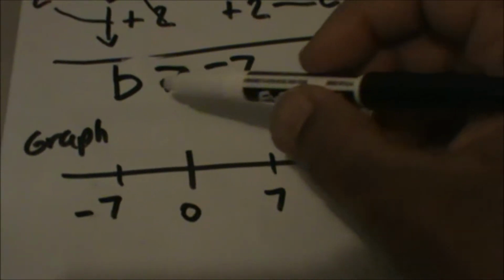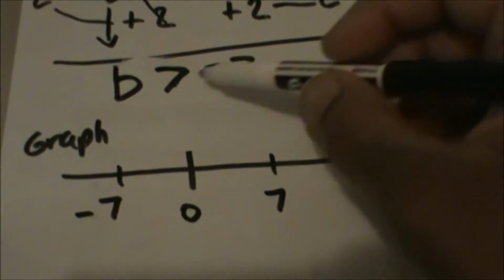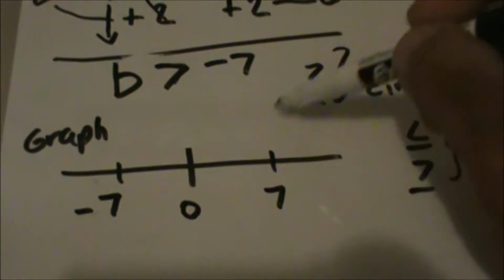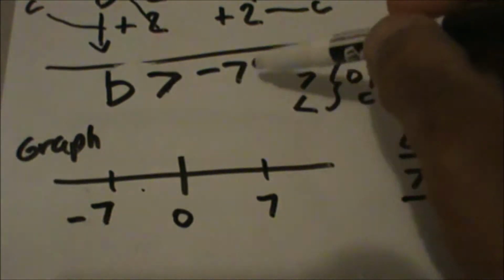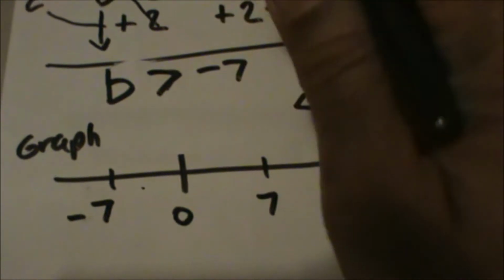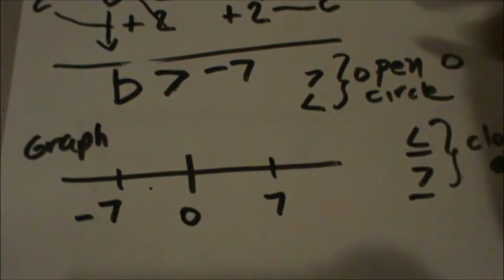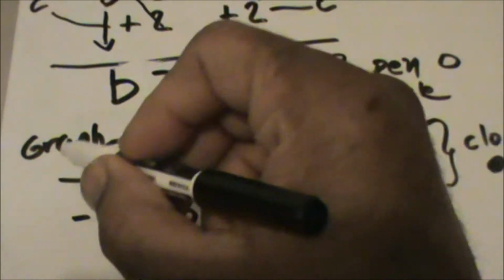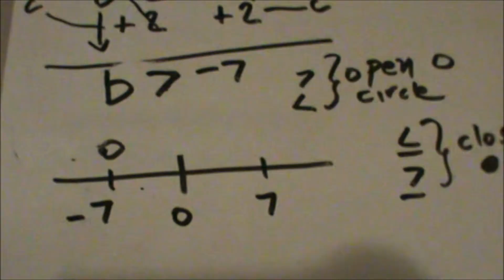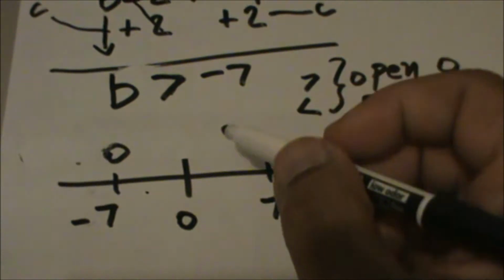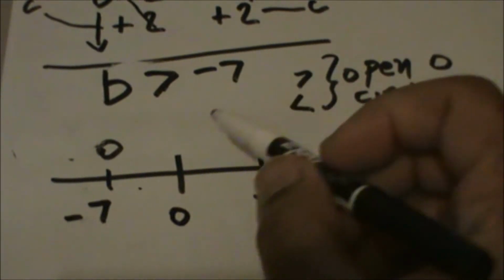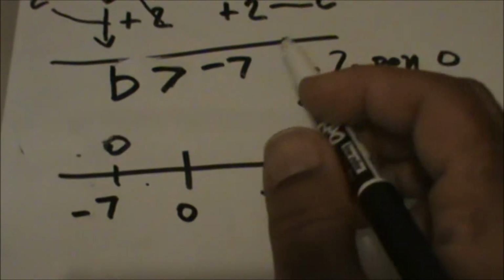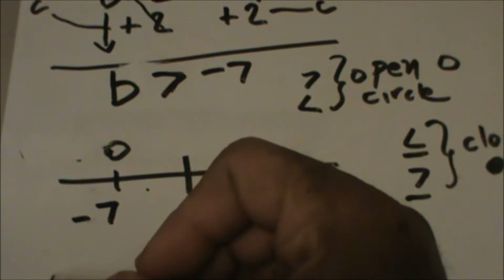Now let's look at this. B is greater than negative 7. B represents any number on the number line that is greater than negative 7. You want to draw a graph in the direction where those numbers are true. So let's graph it with the open circle, and then we'll determine which direction the interval will include these values. We can test true and false.